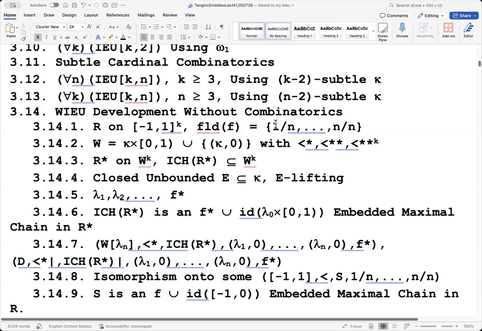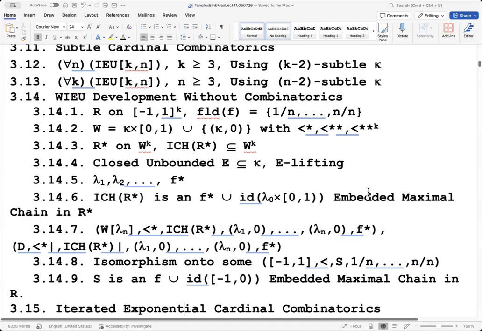The strong stuff is with 0 over n all the way, 0 over n minus 1, all the way to n minus 1 over n minus 1. You see. The other one starts with 0 for the function. All right. I don't know how much sense this makes for you, but some sense.